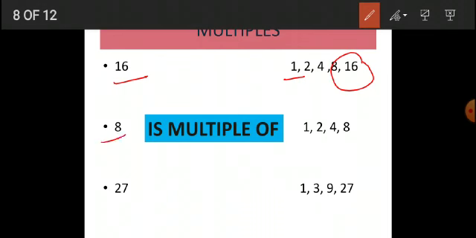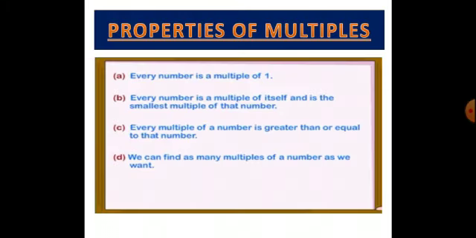Similarly, 8 is a multiple of 1 and 8 itself, and 27 is a multiple of 1 and 27 itself, that means the number itself. So properties 1 and 2 say every number is a multiple of 1 and every number is a multiple of itself, and it is the smallest multiple of every number.